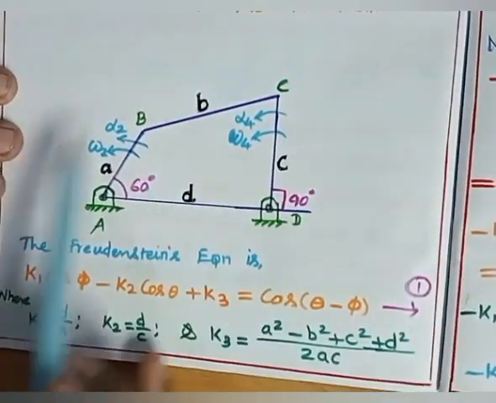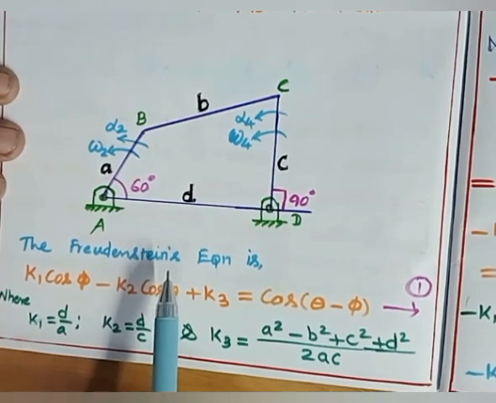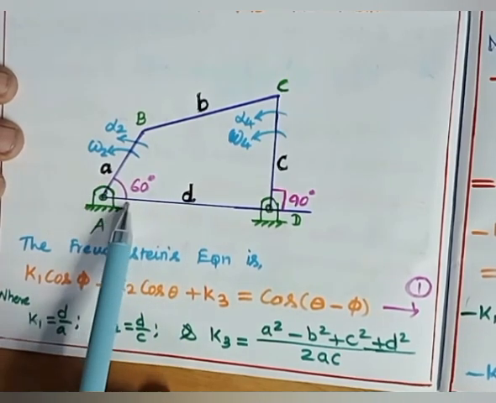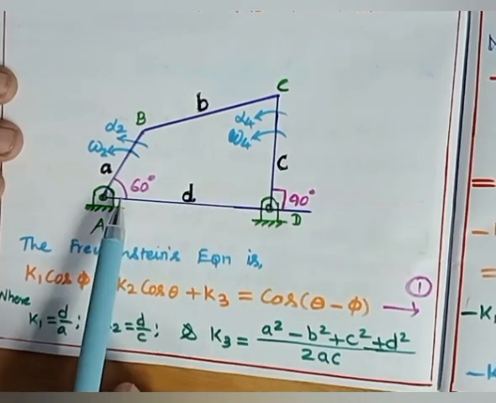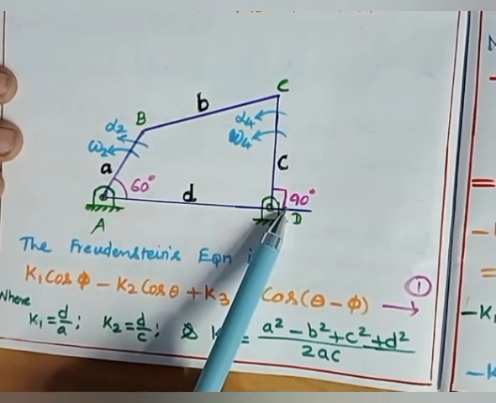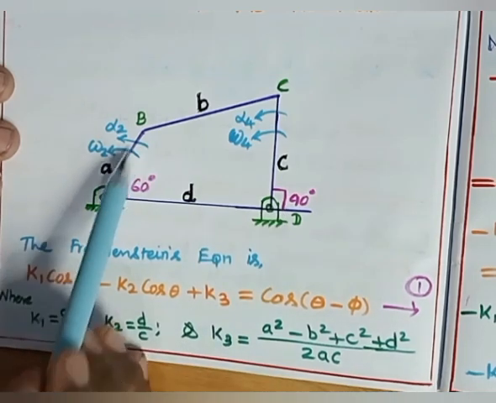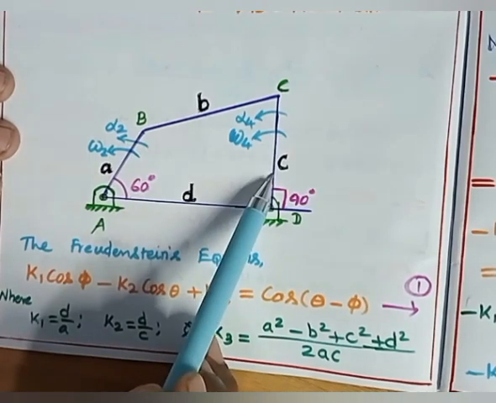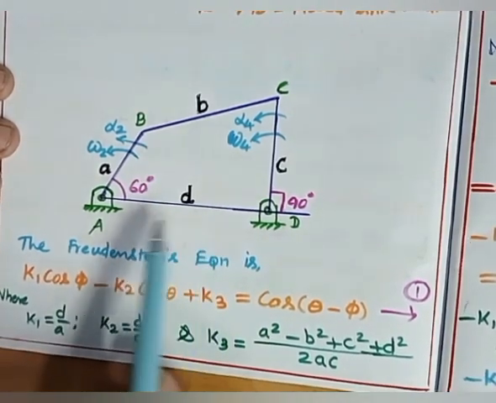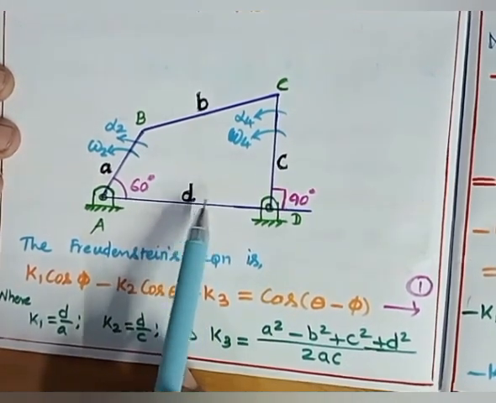Now redraw the diagram in a convenient manner. The input angle is 60 degrees and the output angle is 90 degrees, which means theta equals 60 degrees and phi equals 90 degrees. A is the crank, B is the coupler, C is the output link, and D is the fixed link.